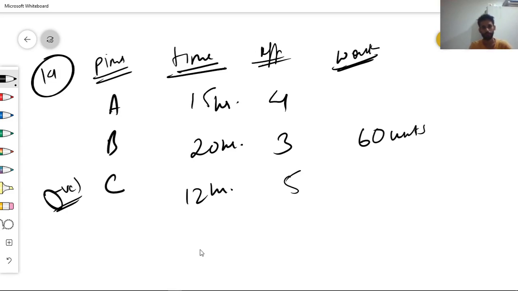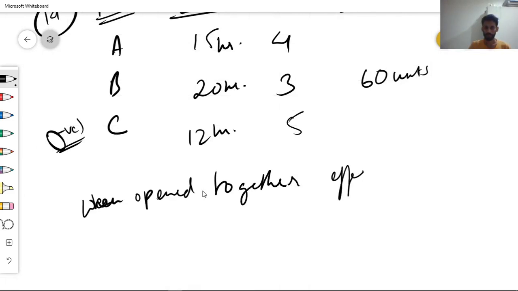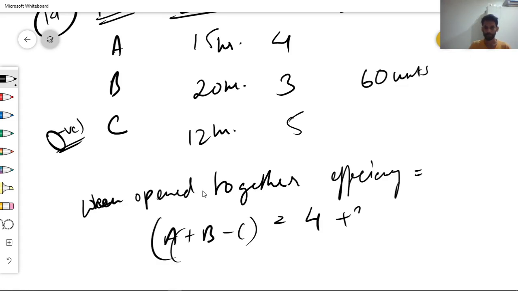Okay, so when we add it, when open together, efficiency is equal to A plus B minus C. So it is 4 plus 3 minus 5, that is 7 minus 5, 2.